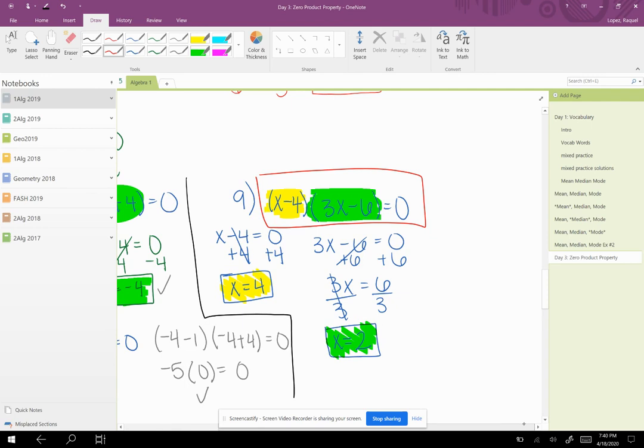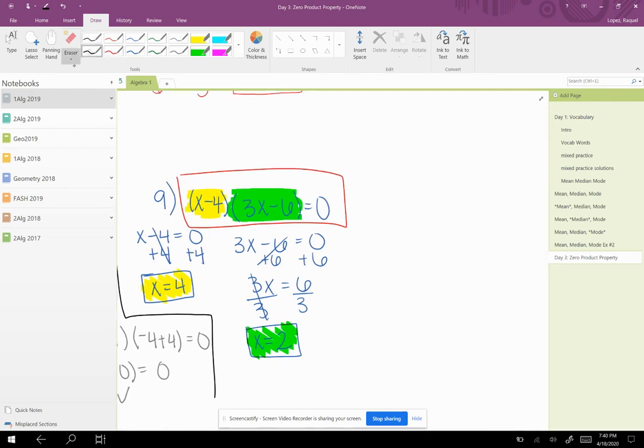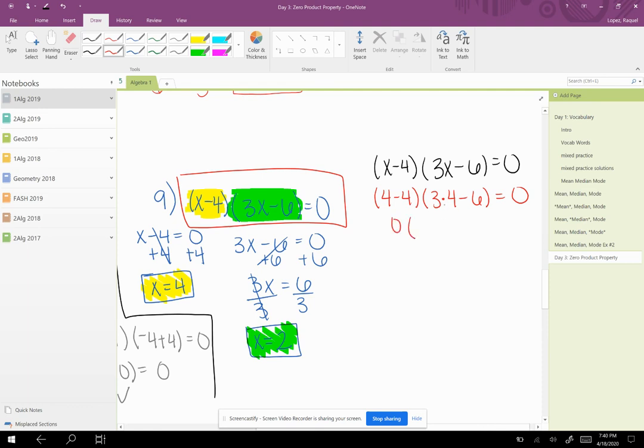Let's go ahead and test it. Okay, so my original equation is x minus 4 times 3x minus 6 equals 0. Now I'm going to plug in 4 for x. 4 minus 4 times 3 times 4 minus 6 equals 0. Okay, 4 minus 4, that's 0. 3 times 4, that's 12, minus 6.